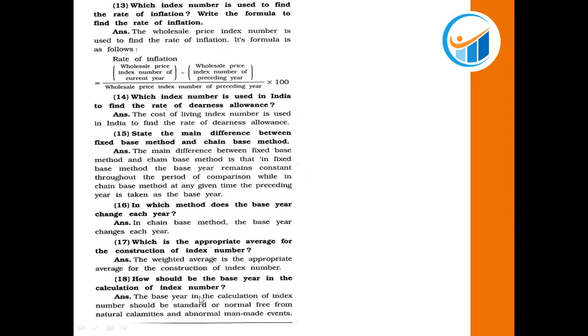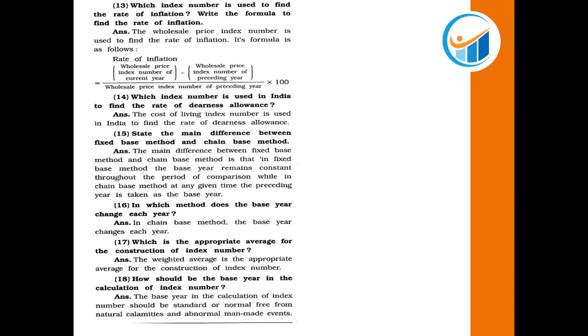So the base year in the calculation of index number should be standard or normal, free from natural calamities and abnormal man-made events. If your year is such, then you take that year as the base year. Two important points to keep in mind once again. The base year should be a normal year, free from natural calamities.